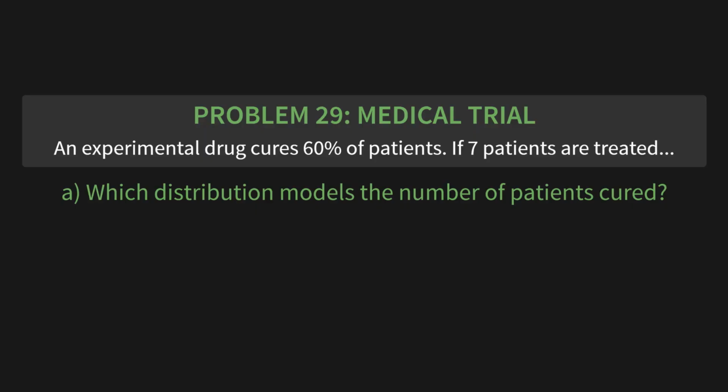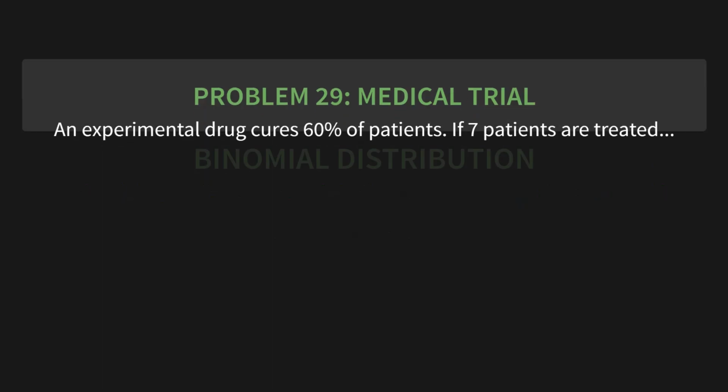An experimental drug cures 60% of patients. If 7 patients are treated, Part A, which distribution models the number of patients cured? We have a fixed number of patients and 2 outcomes for each, cured or not cured. You know this one. It's the binomial distribution.